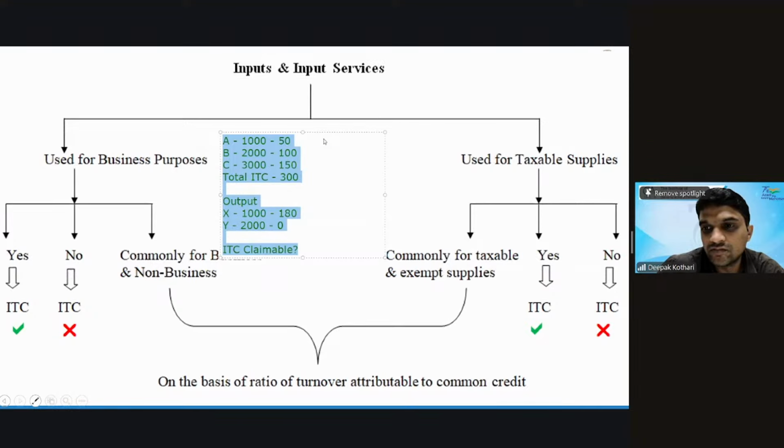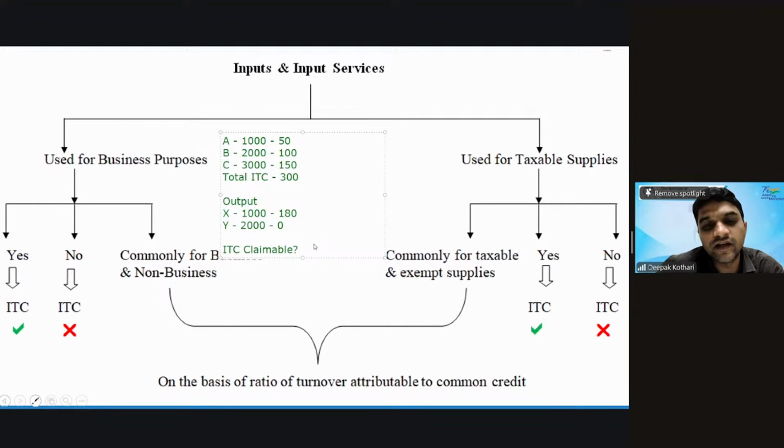No. Anjana is saying 120. No. अरे Shamli, 100 correct. Exempt is not the answer. नहीं भाई, ITC how much will you claim? 100. Ashlisha, you're right. Okay.